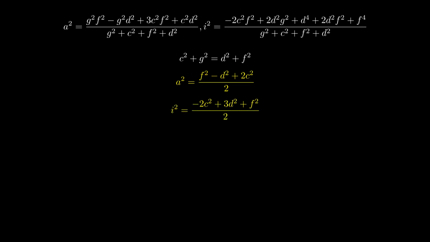Notice how A and I are defined only in terms of G, C, F, and D. And now because we found these values for A squared and I squared, we can actually do similar substitutions for all the other letters.